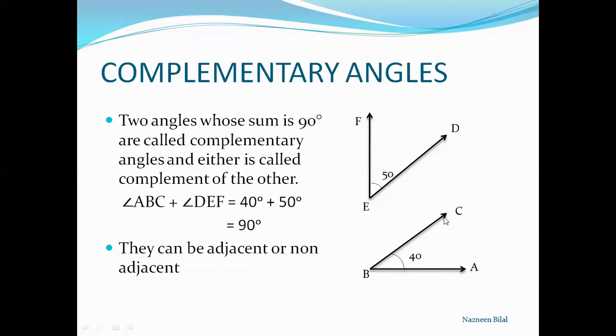Here angle ABC measures 40 degrees, angle DEF measures 50 degrees. So the sum of both angles is 90 degrees. Hence, these two angles will be called complementary angles.